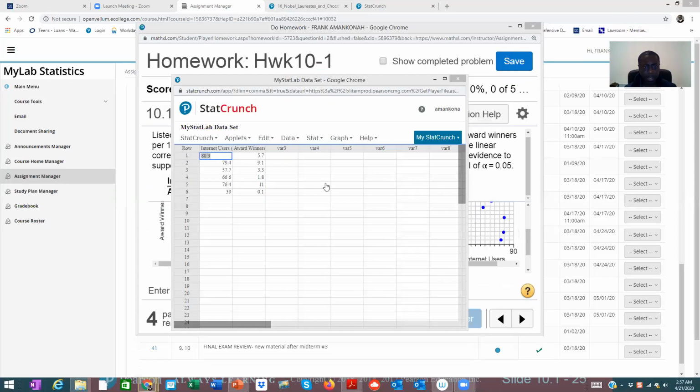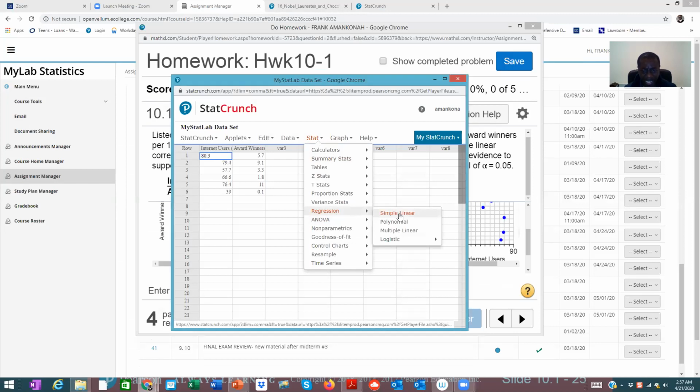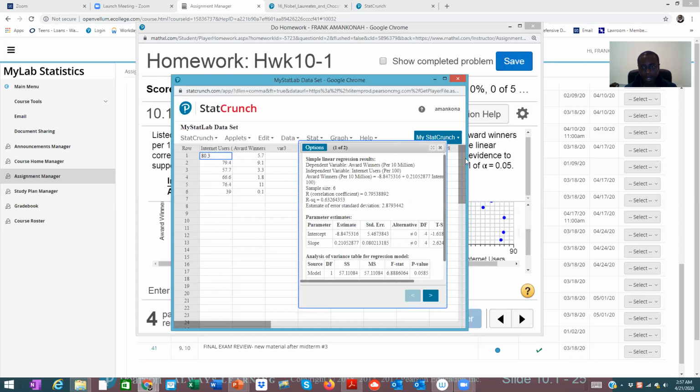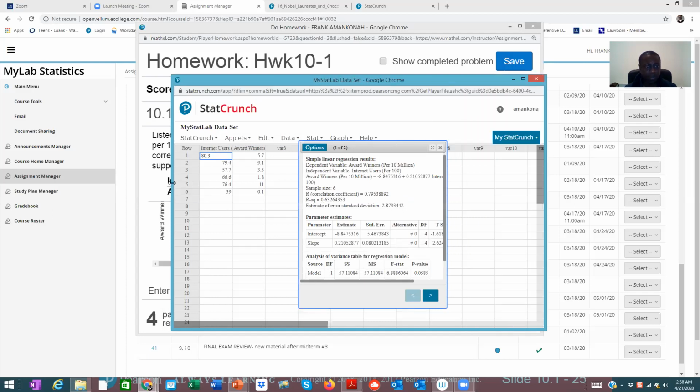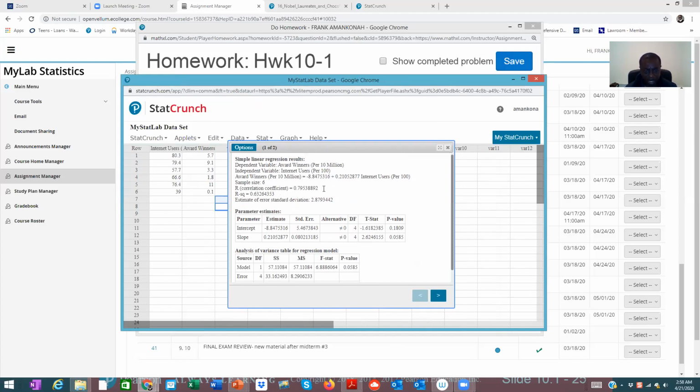Then we go to Statistics, then Regression, then Linear, and X is the internet users and Y is the award winners. Let's compute that. So my linear regression equation is right here. This is my R, and the sample size is here.